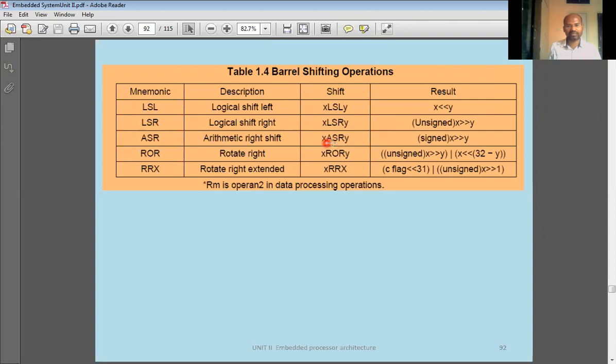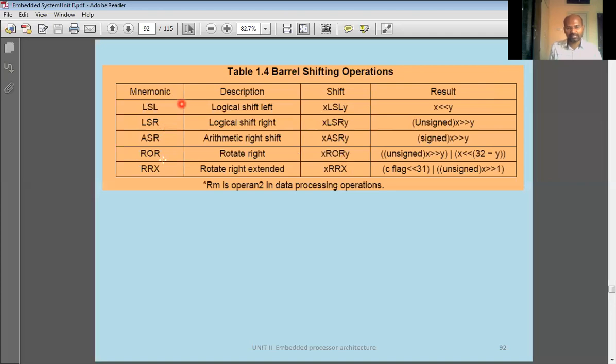ASR stands for arithmetic right shift, and this is what happens: X will be right shifted by the data present in Y, that many times. ROR stands for rotate right. So X ROR Y is how we implement this ROR operation.